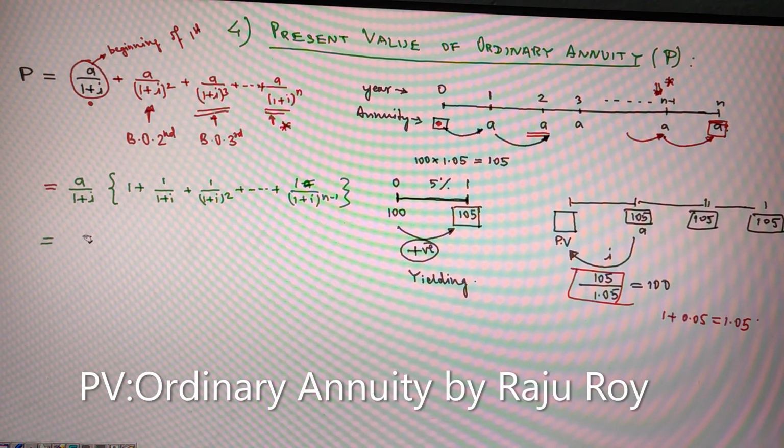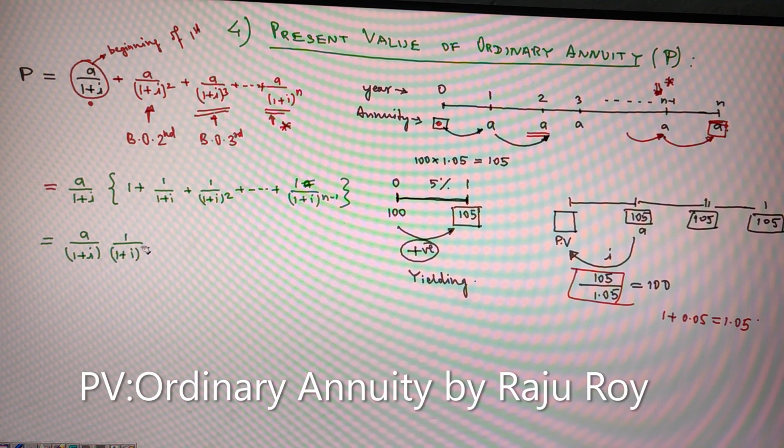Now what I will do, I will take the LCM. I will take the common factor 1 plus I raised to n minus 1 out. So the first term will give me 1 plus I raised to the power n minus 1.